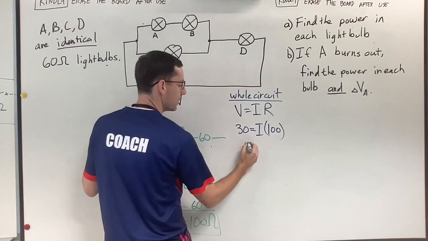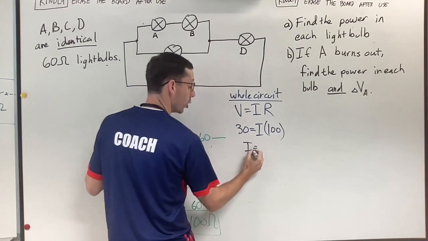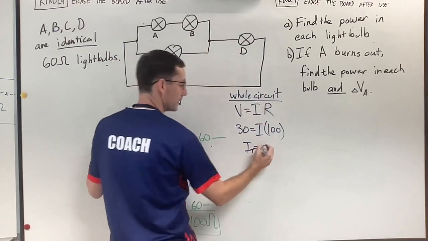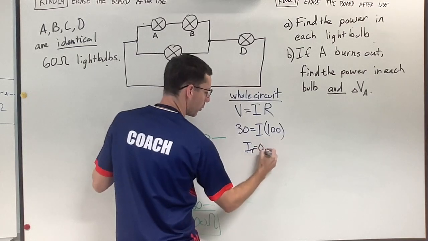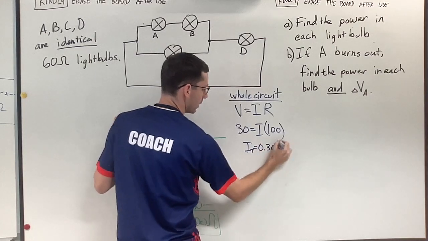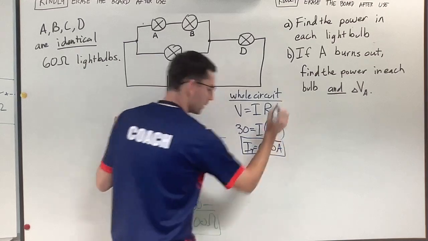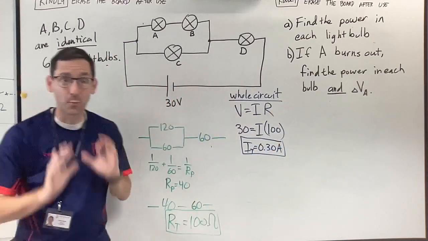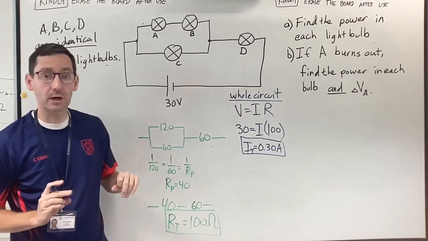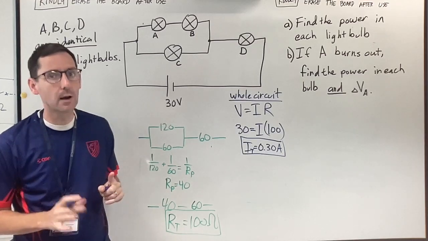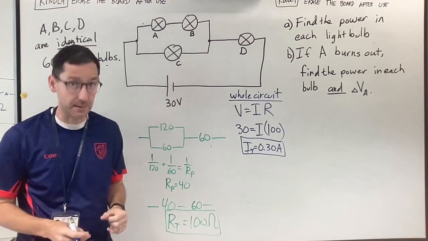I divide and I get that the total current, for the whole circuit, is equal to 0.30 amperes. All right, so we're good. We got the total current of the circuit, but we're looking for the power in each light bulb.